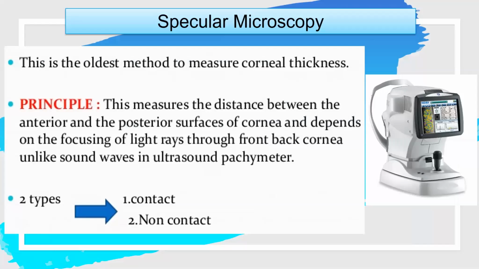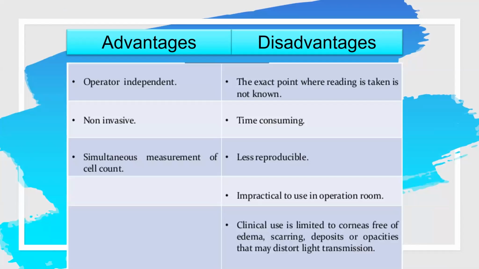So what is used is specular microscopy. Many of you must have seen specular microscopy. We use this device to see the endothelial cell count. In specular microscopy, the added advantage is that you get the corneal thickness also. The advantage is that it is an operator independent machine which is non-invasive, and you can simultaneously measure the cell count also.